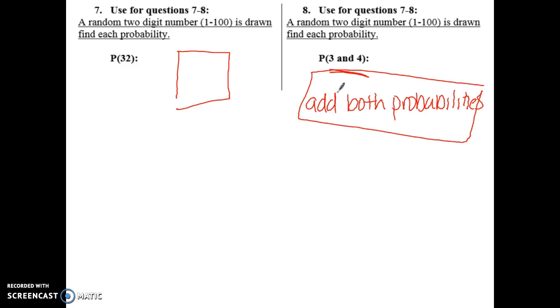Another reminder, the bottom of the fractions, they stay the same when you add. So you're not going to be adding 100 and 100 together. Those stay the same. But other than that, all you do is add both of these. So again, for 7 and 8, do find me those answers and box them in. Let me know what those are.